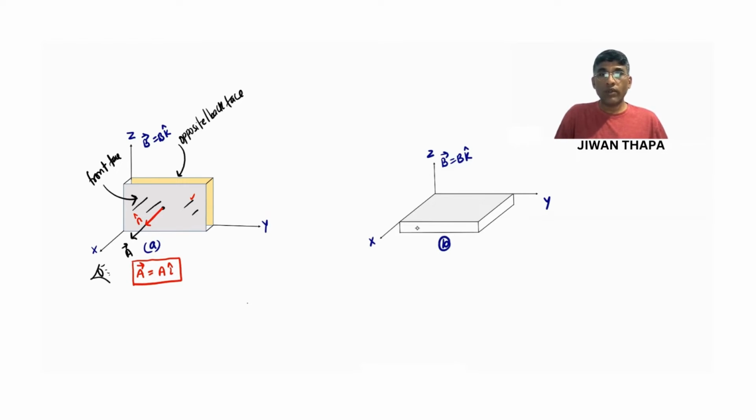Now, when we observe the rectangular coil in this way, vertically down, then we can observe this upper face.